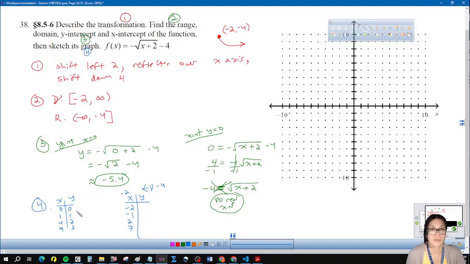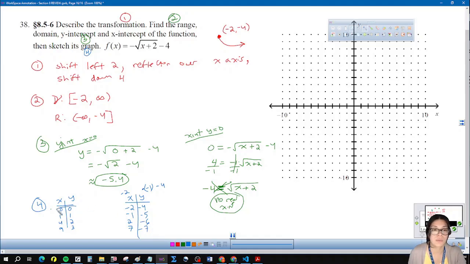For the y values, multiply by negative. 0 times -1 is 0, and then subtract 4, -4. 1 times -1 is -1, minus 4, -5. 2 times -1 is -2, minus 4, -6. 3 times -1 is -3, minus 4, -7.